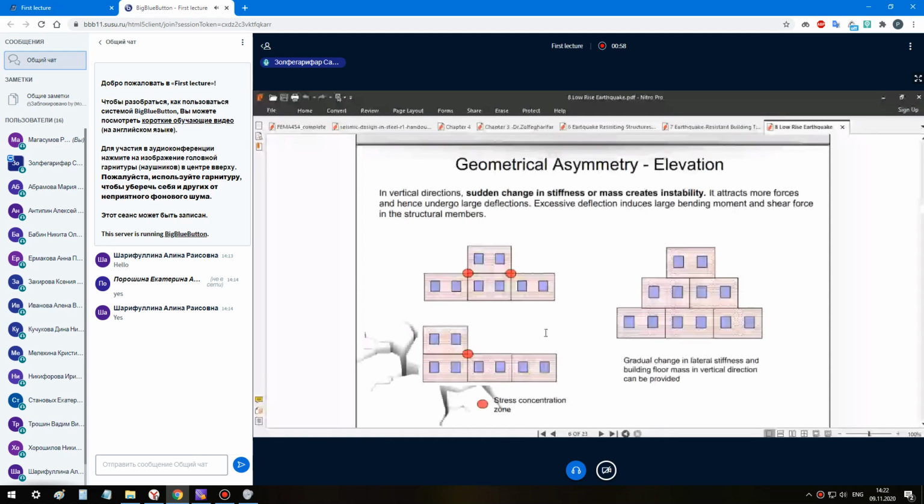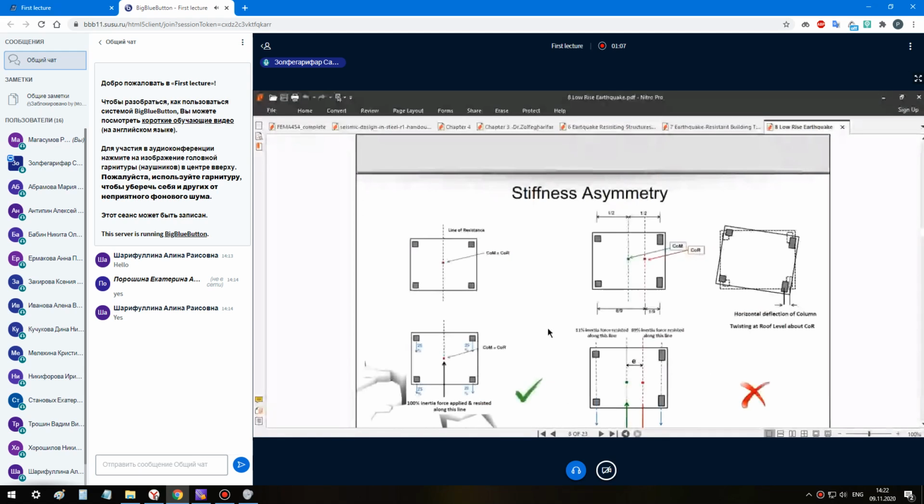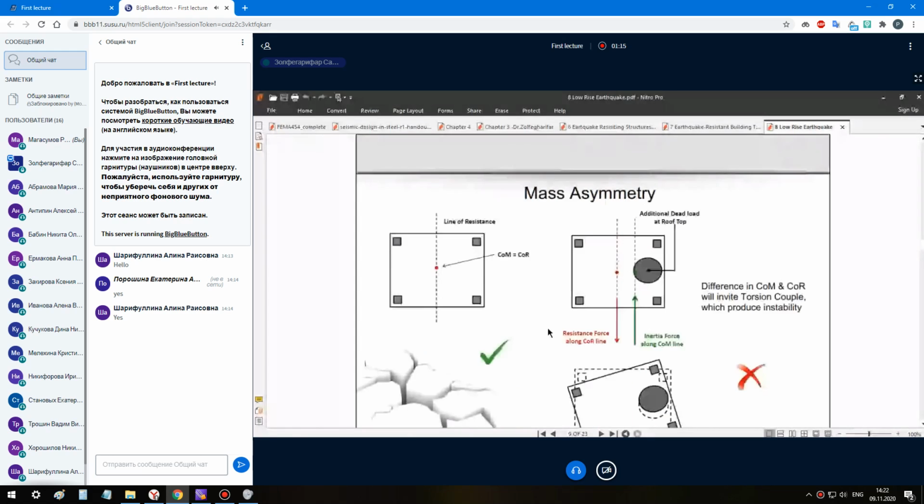Some shapes look like this. Also, we had some examples of geometrical symmetry in elevations and stiffness symmetry, as shown in the slide.